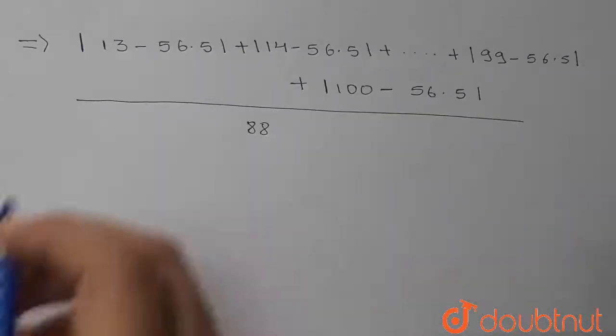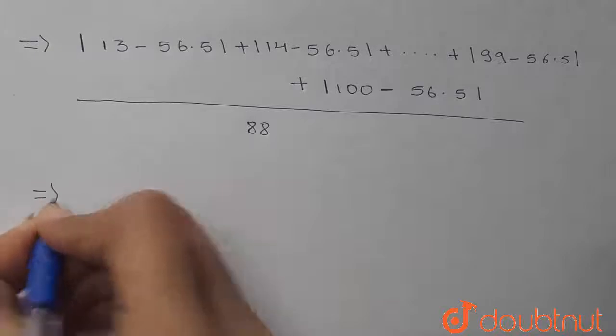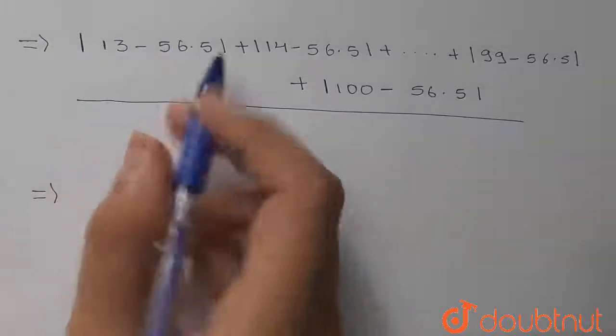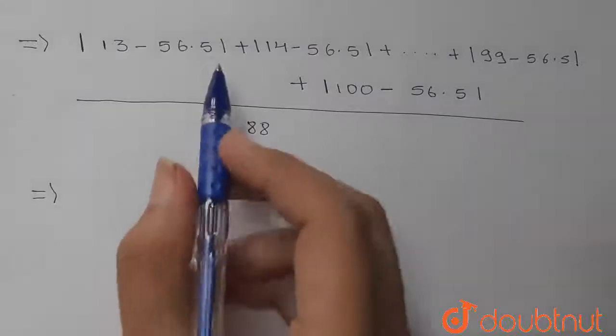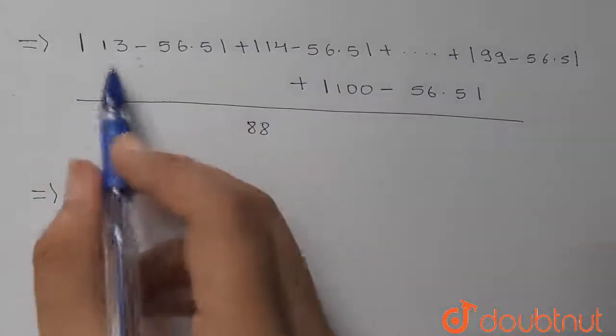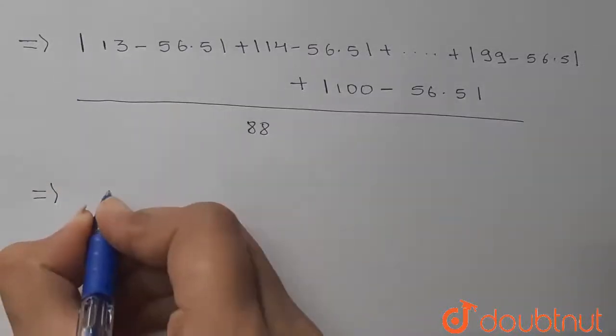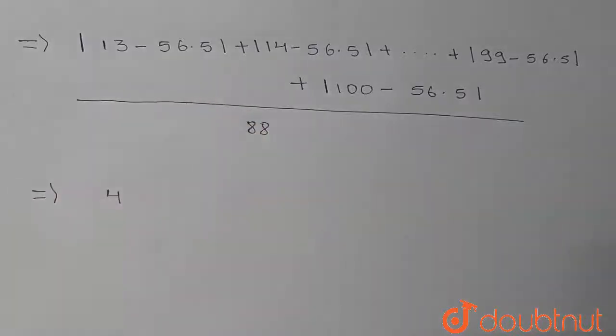On solving this, 13 minus 56.5 will be equal to minus 43.5, but because of the mod, the minus will not be there. It will come out of the mod as a positive value.